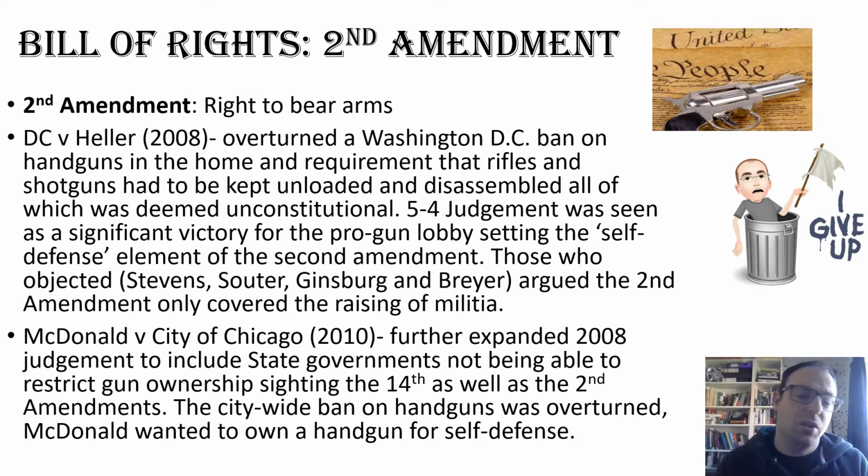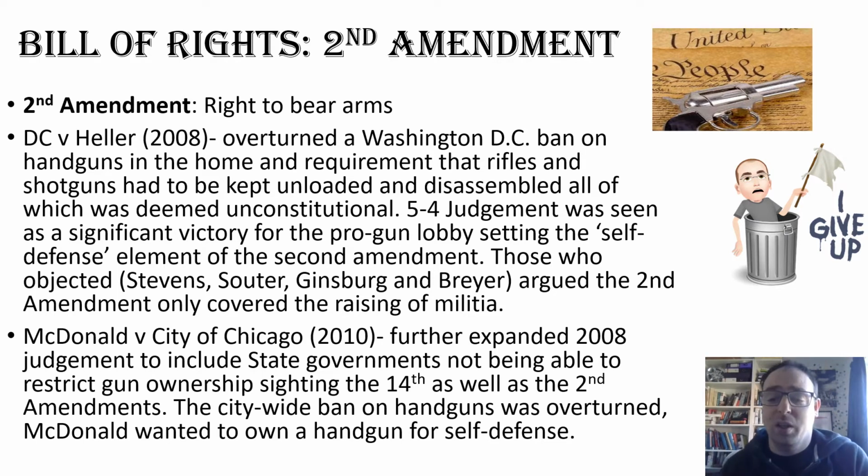Now, there's a couple of really important Supreme Court judgments about this, which are fairly recent. So D.C. versus Heller in 2008 overturned a Washington D.C. ban on handguns in the home and requirements that rifles and shotguns be kept unloaded and disassembled. All of that was deemed to be unconstitutional, and it was a 5-4 victory, so it was very close, again with a conservative-liberal split on the justices' bench.